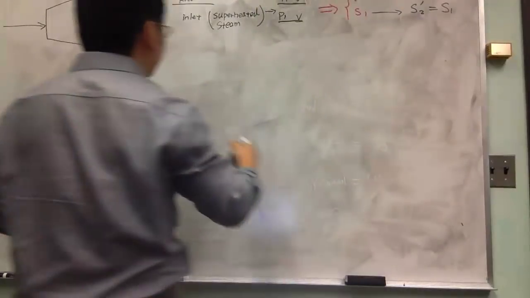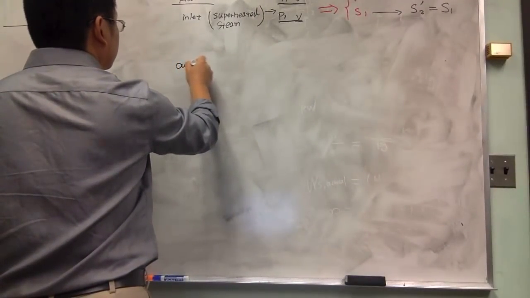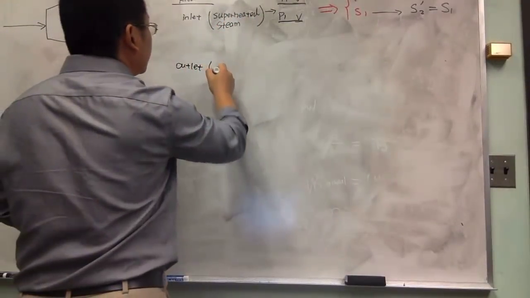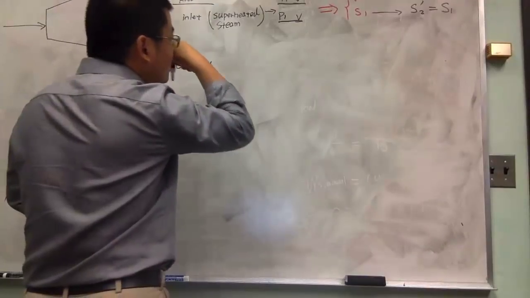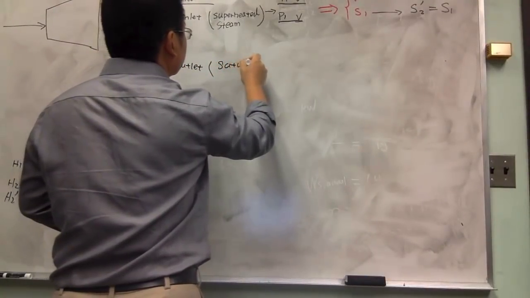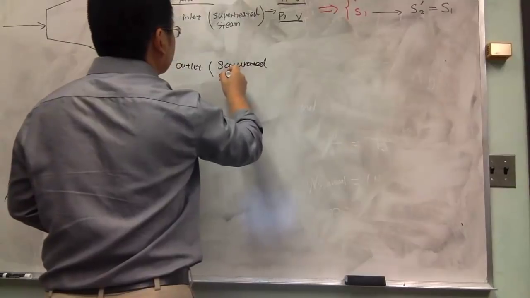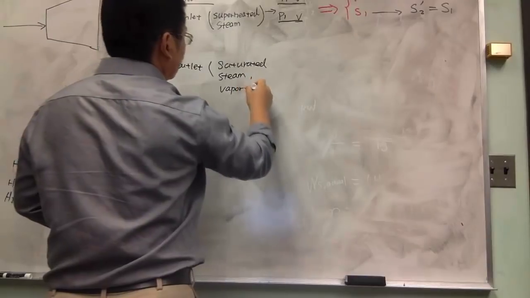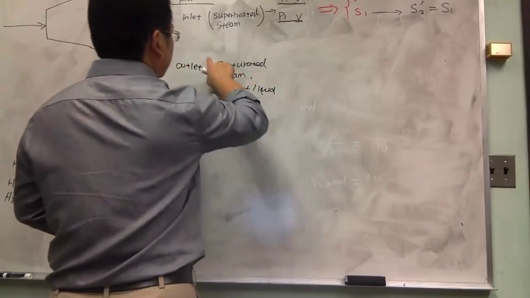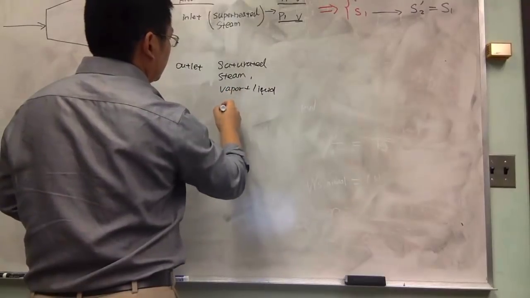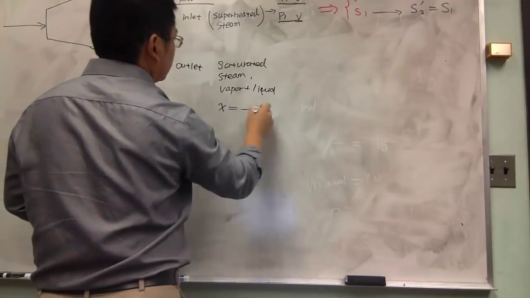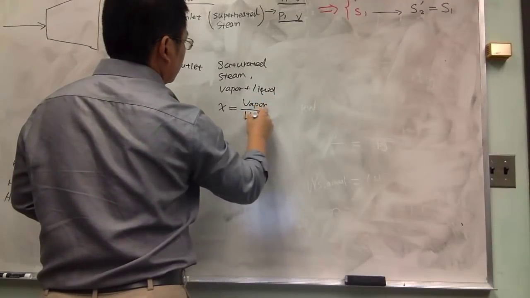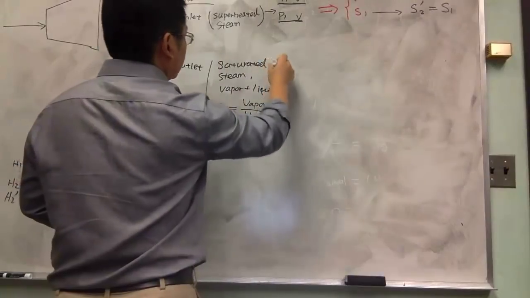And S2 prime is the outlet along this isentropic process, where normally we are going to have this saturated steam, vapor plus liquid. Furthermore, X is defined as vapor over total.